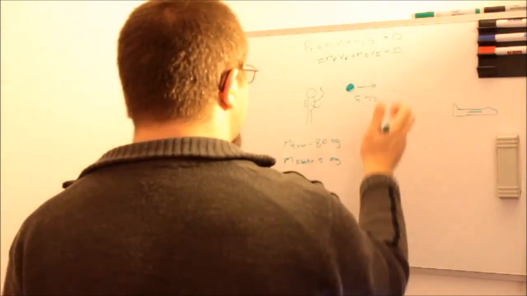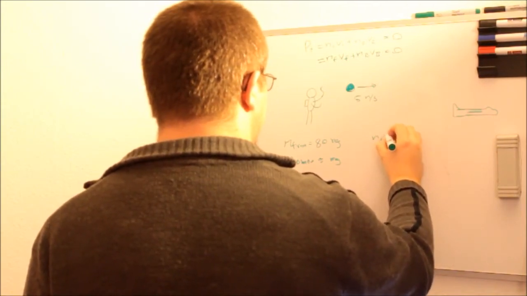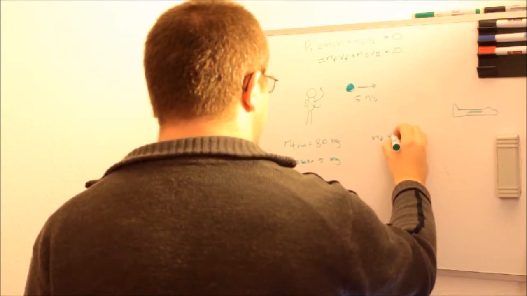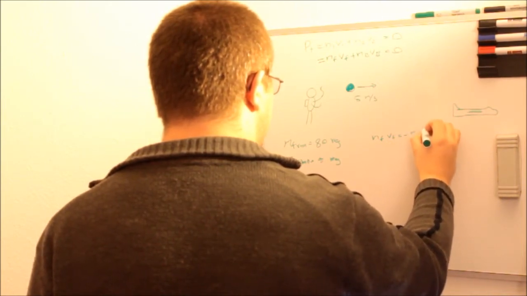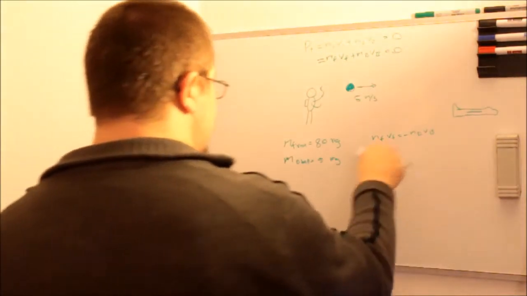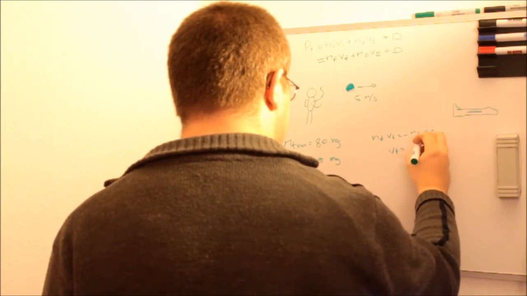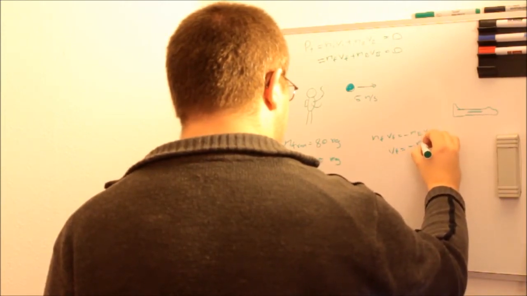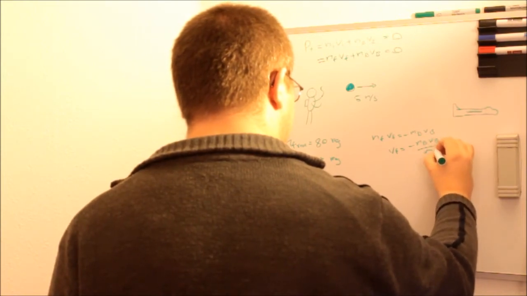First of all, we can move things over so that we get M Fred V Fred is equal to minus M ball V ball. Now we just divide, so we get V Fred is equal to minus M ball V ball divided by M Fred.